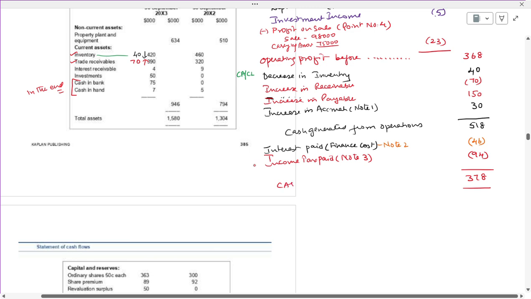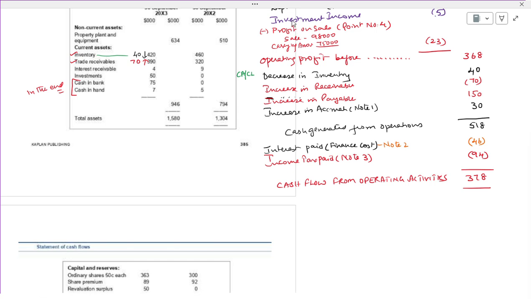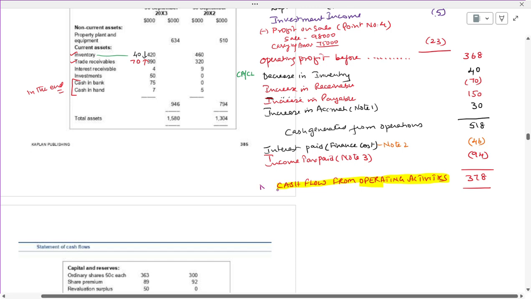This is called cash flow from operating activities, the net cash flow. Okay, are you clear about this?